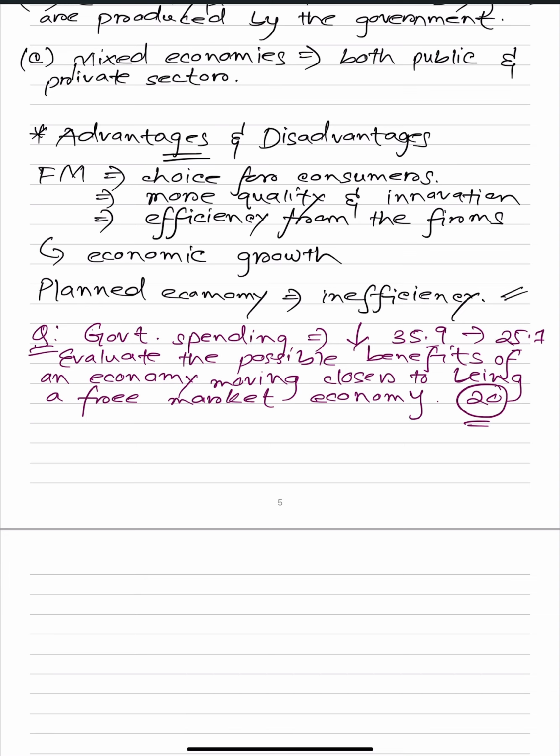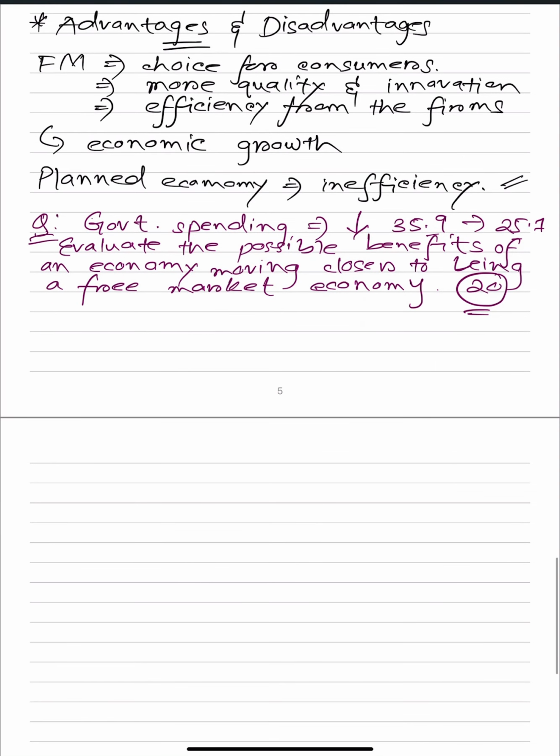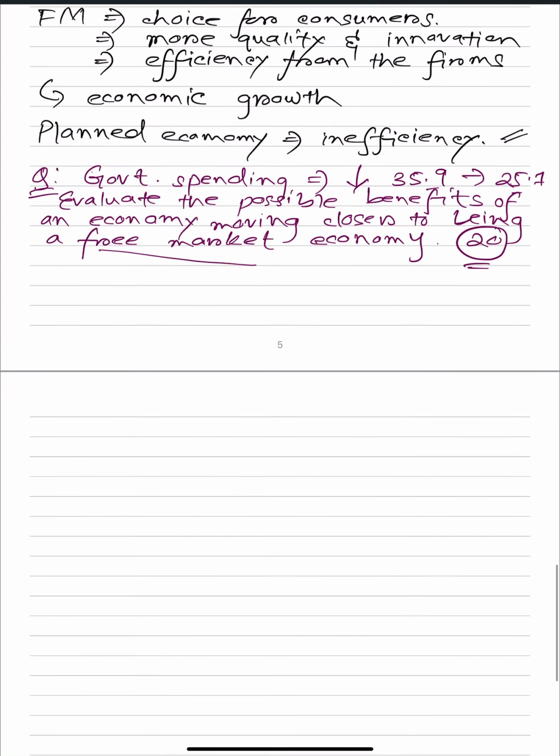So as you already know the drill, here we are basically moving from a more planned economy to a more free market or mixed economy. So we will first, since the keyword is free market, define free market economy.